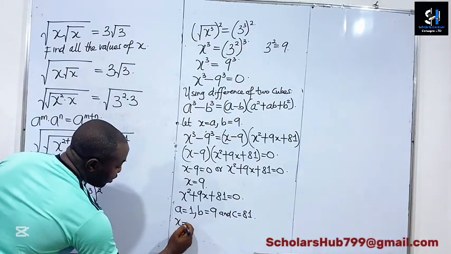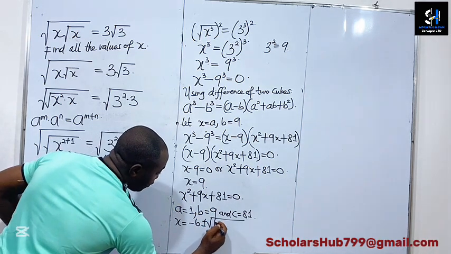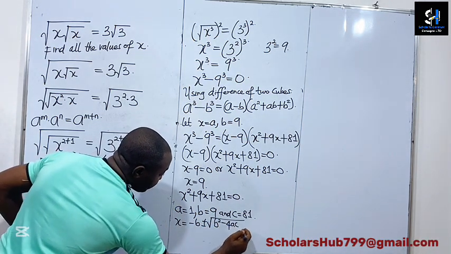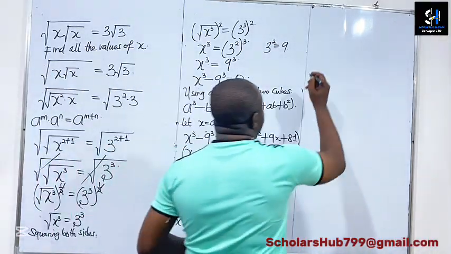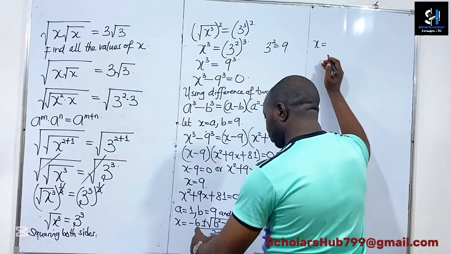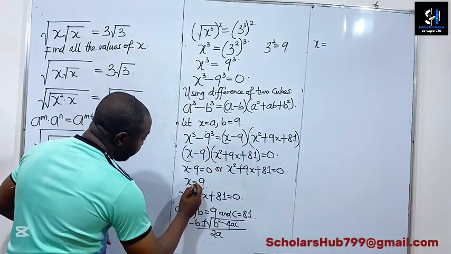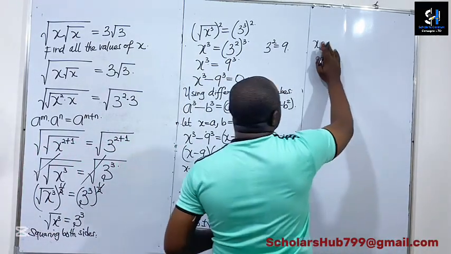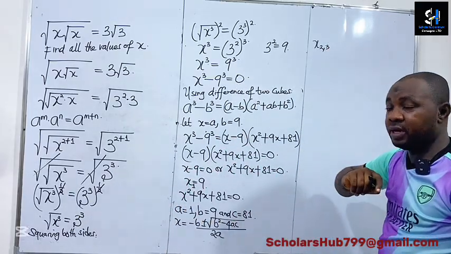And we want to use the formula x equals negative b plus or minus square root of b squared minus 4ac, divided by 2a. So let's plug in our values. Now let's not forget that this is the first value of x, so now we want to find the other two values of x.